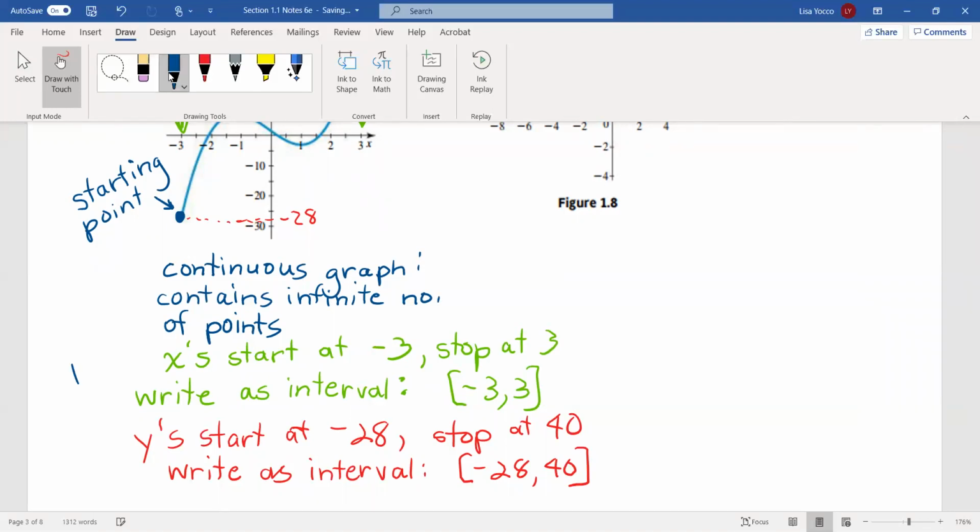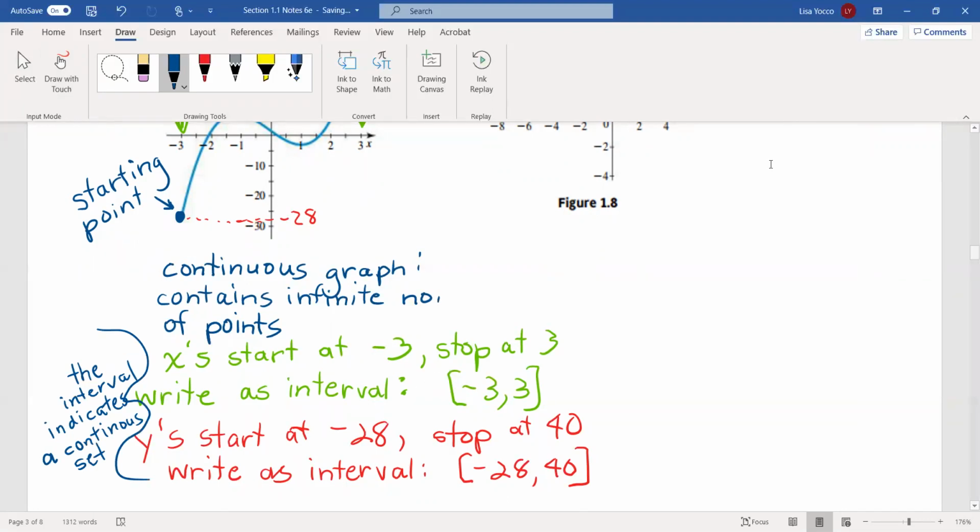All right, the interval indicates a continuous set. All right.